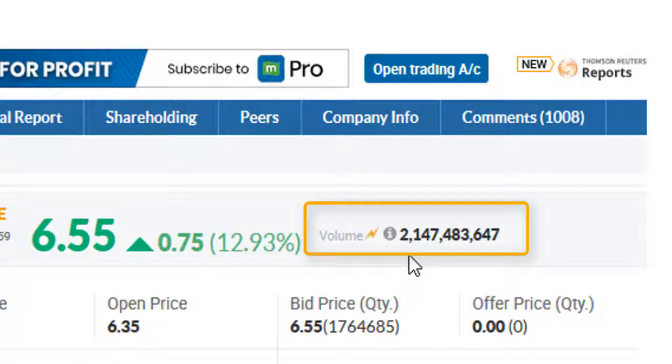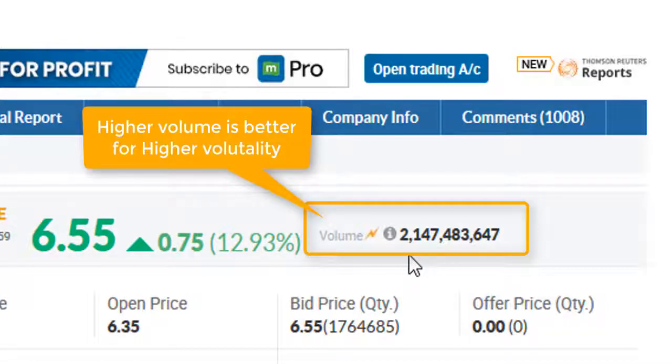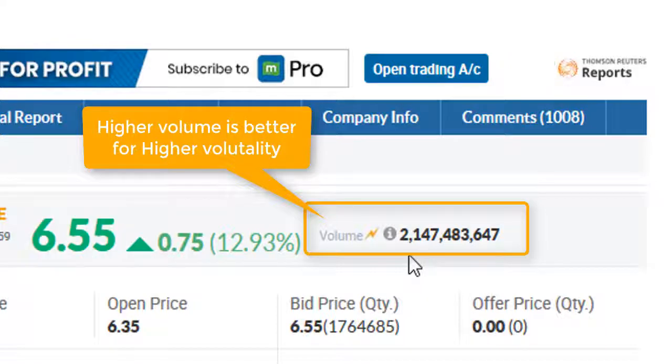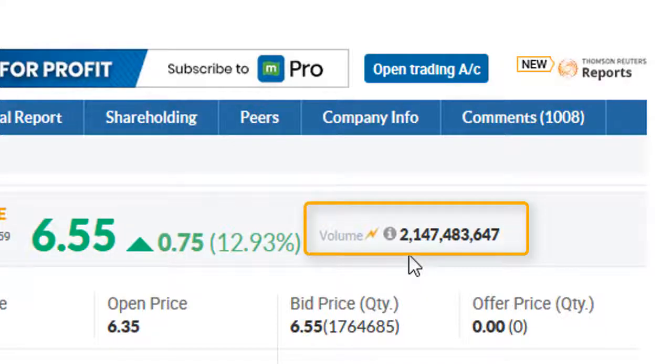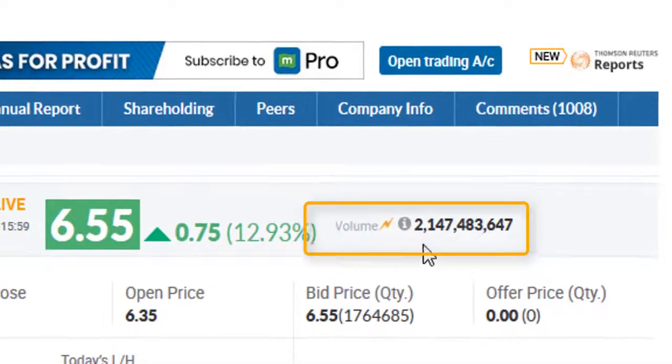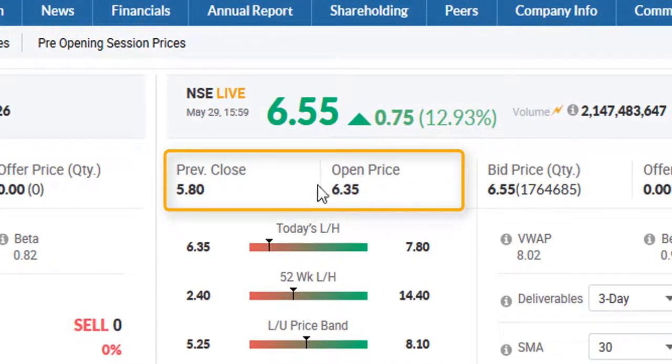Especially if you're looking for intraday or short-term trades, you need to pick a stock with a high volume. High volume also indicates this stock has a lot of potential because a lot of people are trading it. It will help you get into the market faster, and also get out of the market faster. To get the right price, volume is important.